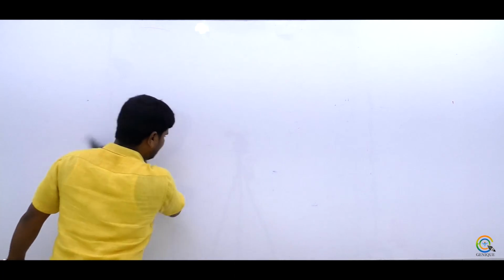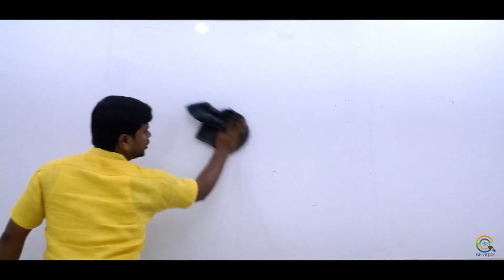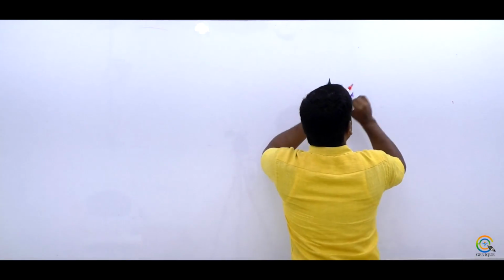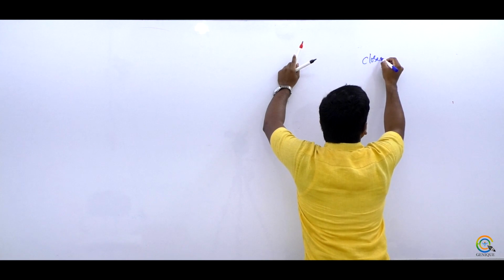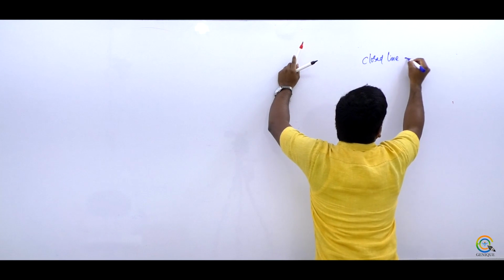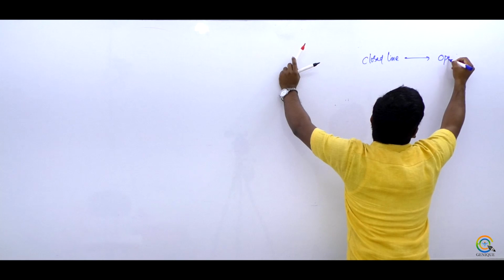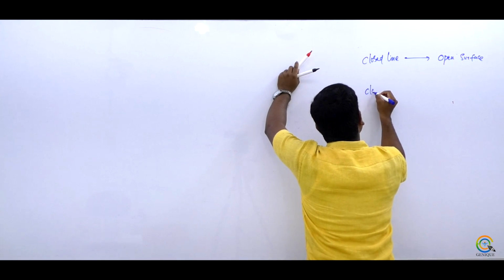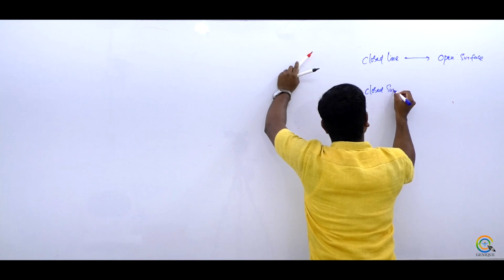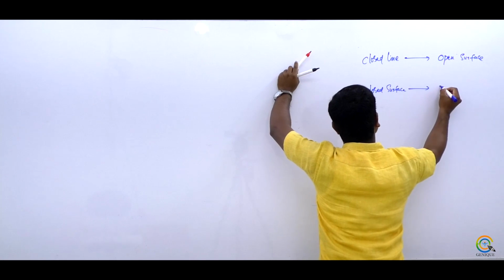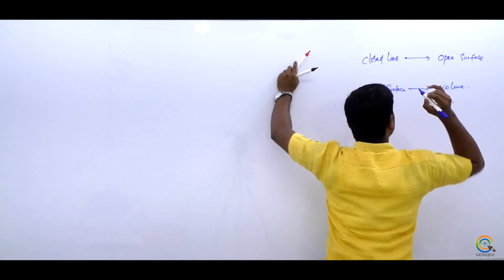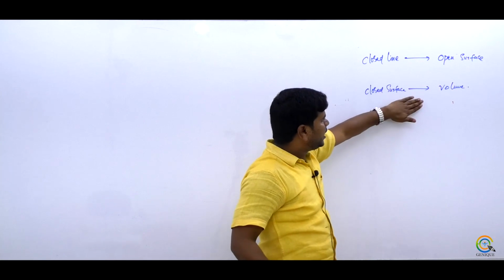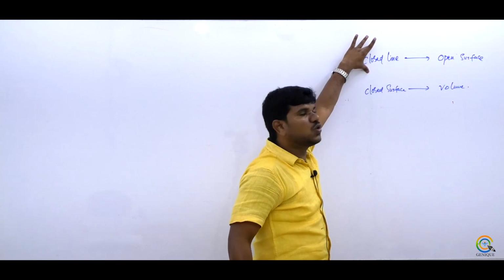Okay, so you should remember, if you remember this statement, automatically: the closed line forms an open surface, and the closed surface forms volume. If you know these two things, it is related to the Gauss theorem and to the Stokes theorem.